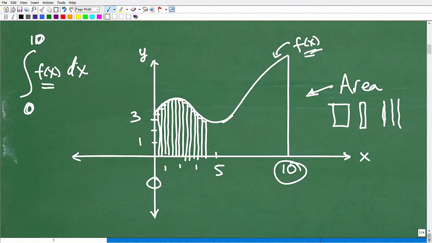Don't worry about this little notation. That's not trivial, but we just have to write this, okay? This little long thing right here is called an integral, all right? And basically, it means sum.